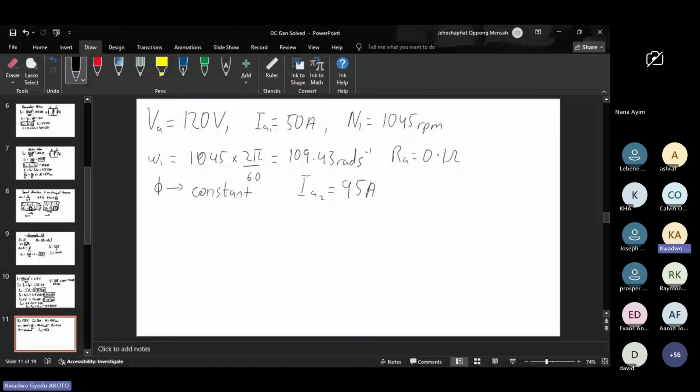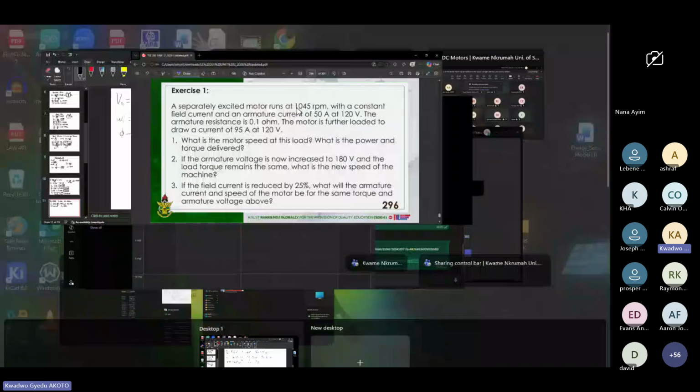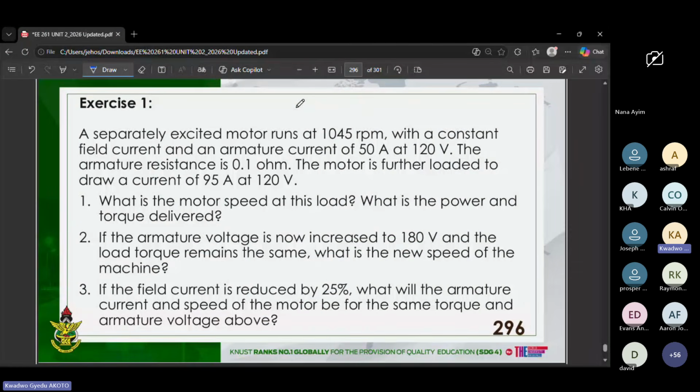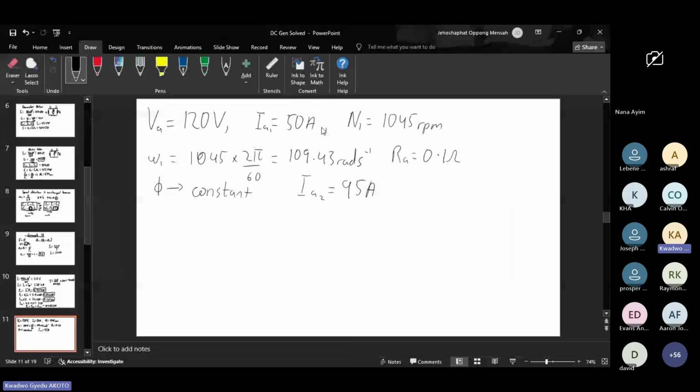What did the first question say? What is the speed of the motor at this load? What is the power and torque? So we are going to look for speed, power, and torque at this load.